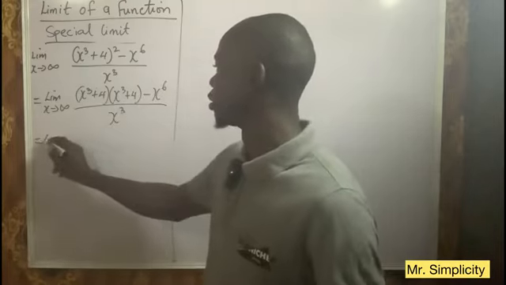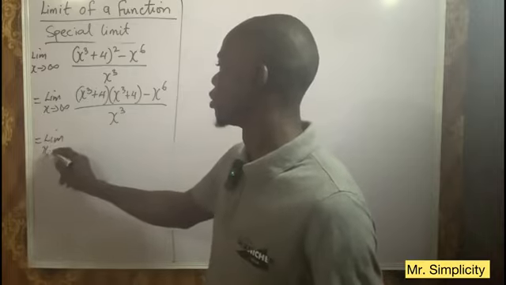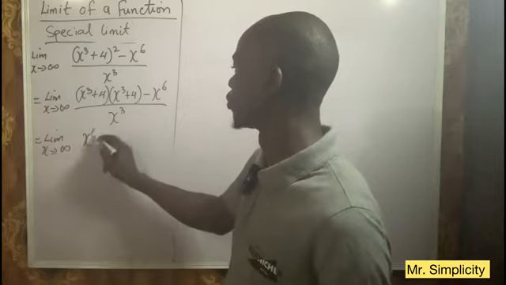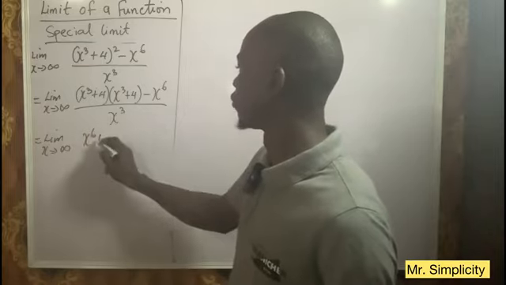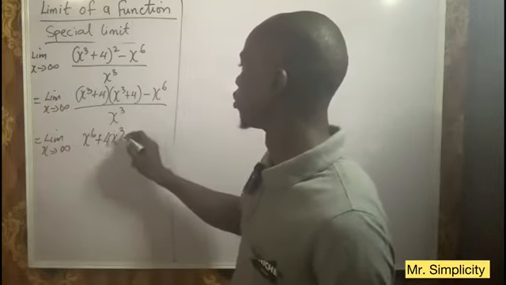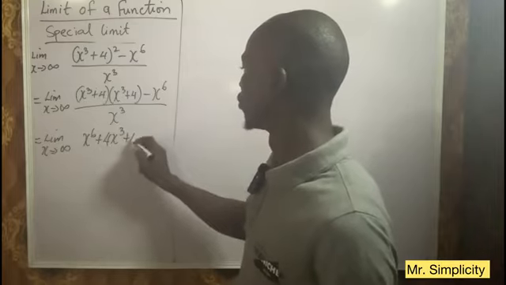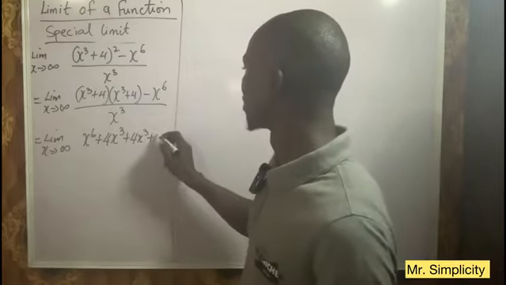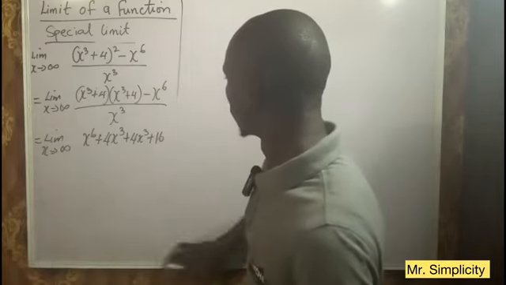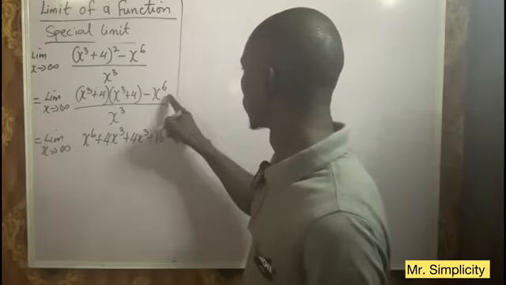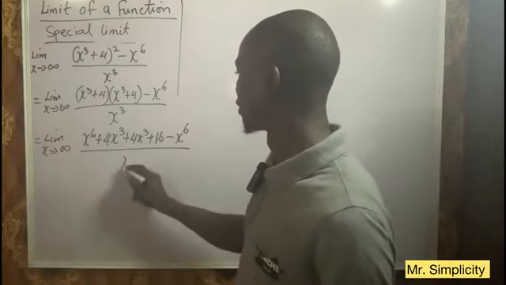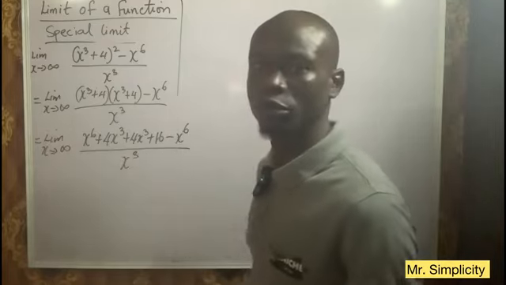So if I expand, I have limit as x tends to infinity, x cubed times x cubed is x raised to power 6. x cubed times 4 is 4x cubed. 4 times x cubed is 4x cubed. 4 times 4 is 16. So minus x raised to power 6 all over x cubed.